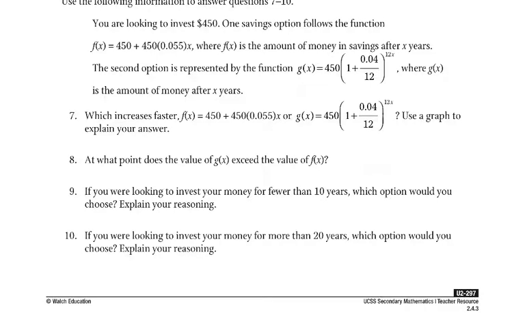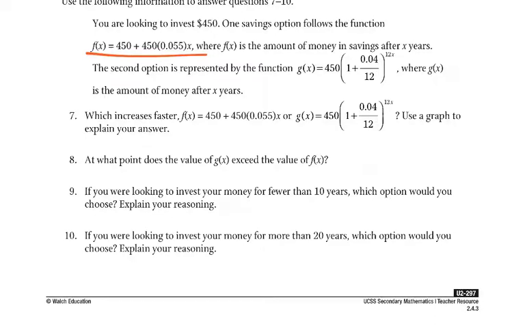You are looking to invest $450. One savings option follows the function right here. f of x equals 450 plus 450 times 0.055x, where f of x is the amount of money in savings after x years. The second option is represented by the function g of x equals 450 times 1 plus 0.04 divided by 12 to the 12x, where g of x is the amount of money after x years.